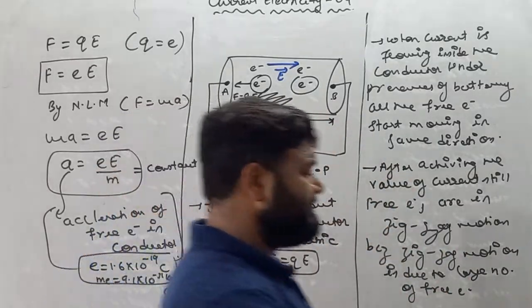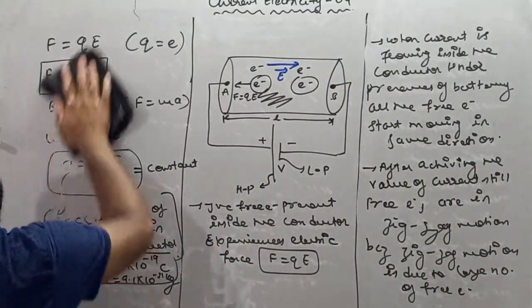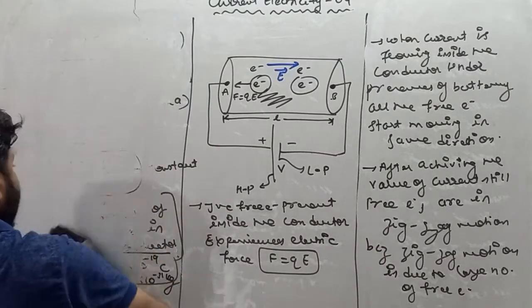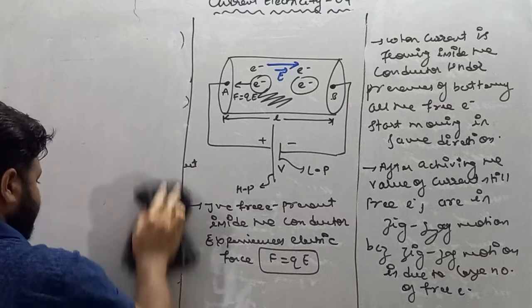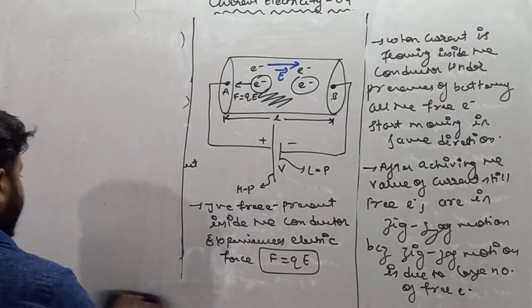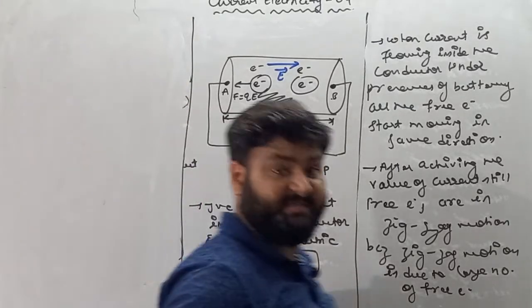Next step. See, my dear student, if a large number of free electrons are there and electrons are in zigzag motion, collisions between electrons can take place. Now see, the collision time between two electrons is not fixed.